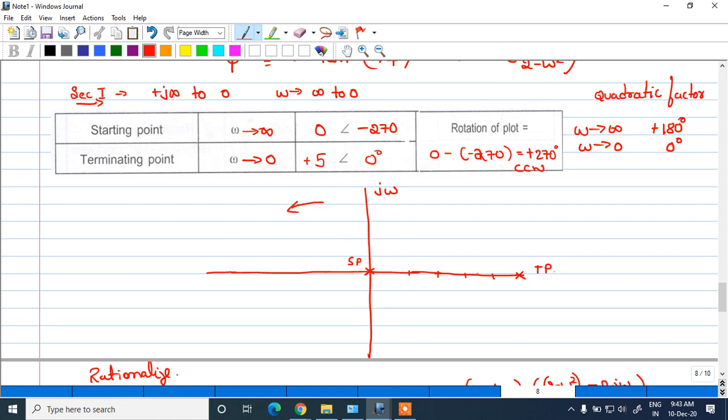So let me draw, and before intersecting, I always said the polar plot or the Nyquist plot will intersect the negative real axis at Q. So what is the Q value here? The Q value that we identified as minus 0.769.